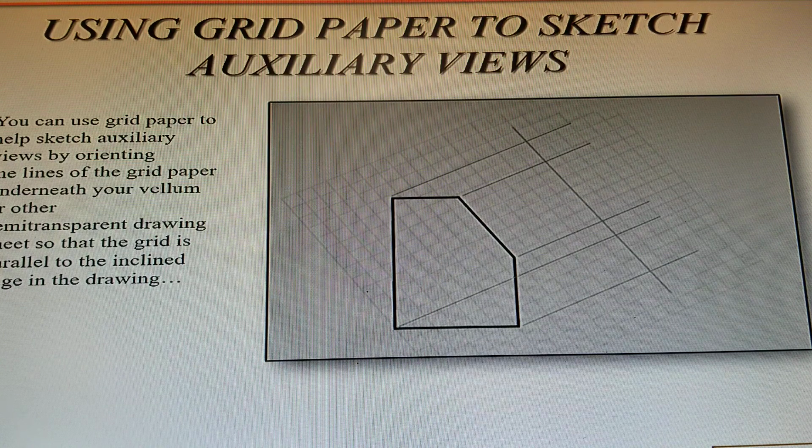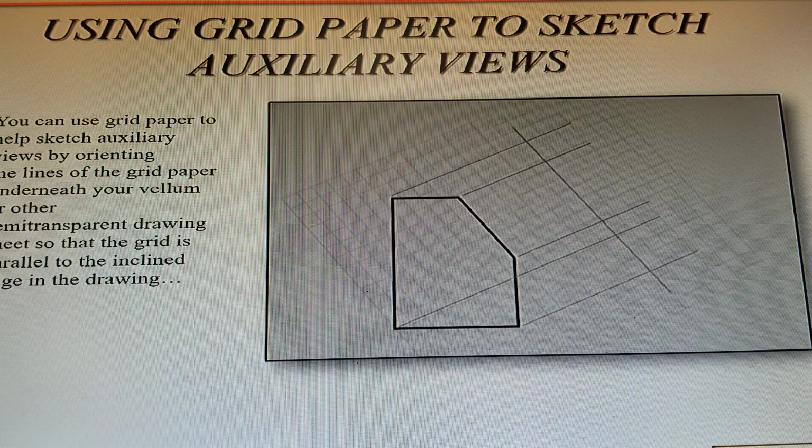This is another old school technique when they're talking about vellum or semi-transparent drawing sheets. They're referring to vellum as a type of paper we used back in the old drawing days. It was called translucent. It wasn't clear, but you could see through it and see underneath and trace it off.